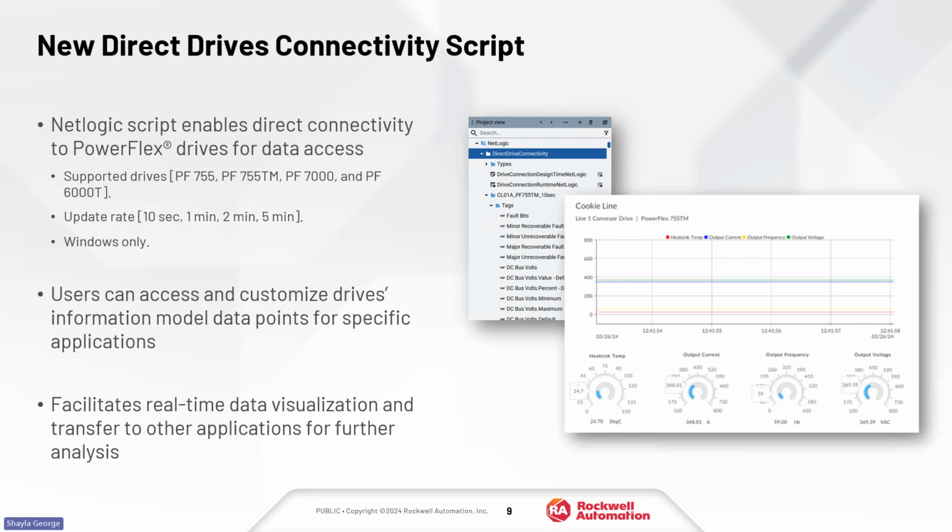The drives that are supported are the 755, the 755TM, the 7000 and the 6000T drive. One thing to be mindful of is that this direct connectivity using that script is only supported with Windows right now. So if you were using the Optics panel or embedded edge compute module, then this script or the direct drive connectivity would not be supported. As it stands today, it's only if you're using Windows operating system.